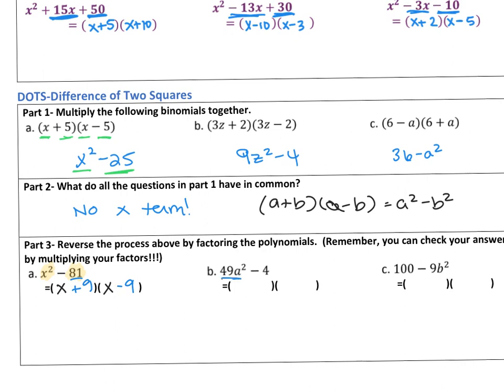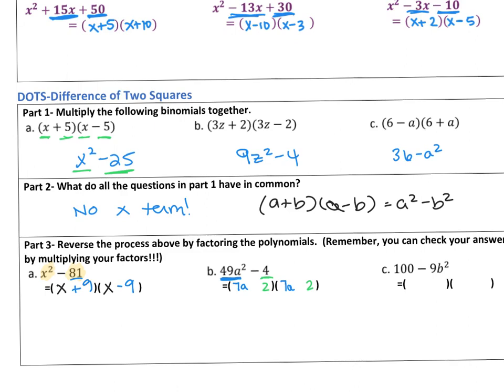Let's keep going. If this is what we're calling a squared, which I know is kind of confusing because you see an a squared, I'm asking myself, what did I multiply by itself to get 49a squared? So this has to be 7a and 7a. It's got to be the same thing. Then I've got my minus 4. The only thing that gives me 4 when I multiply it by itself is 2.